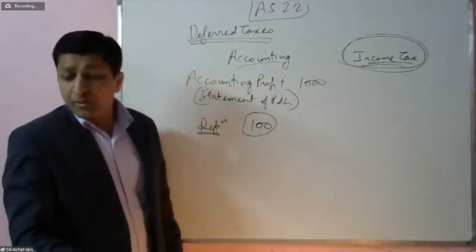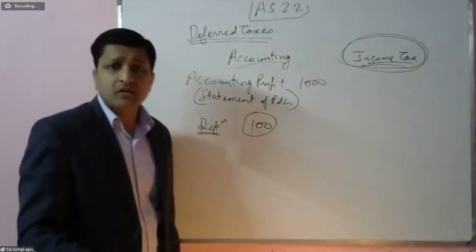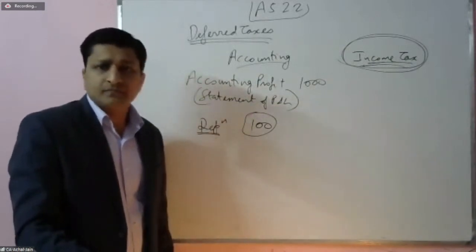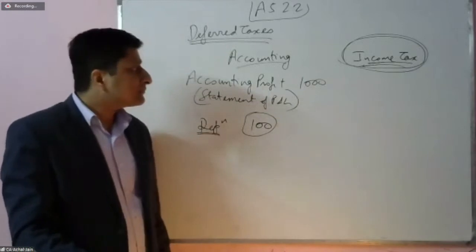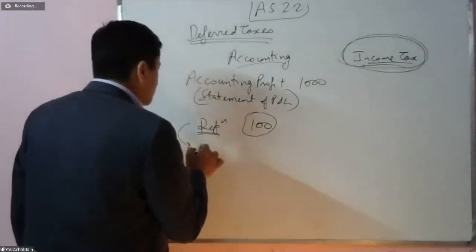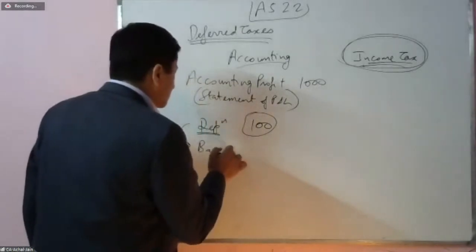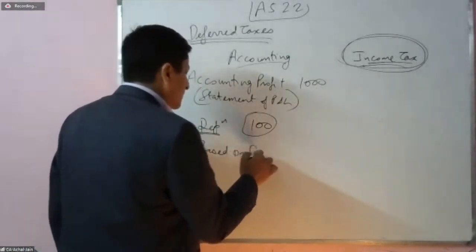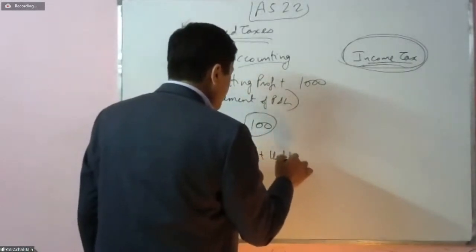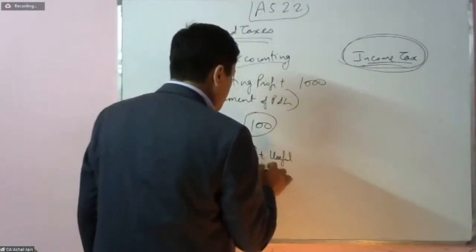Now, how do we compute depreciation in the books? On the basis of estimated useful lives. Correct? This depreciation is computed based on estimated useful lives.